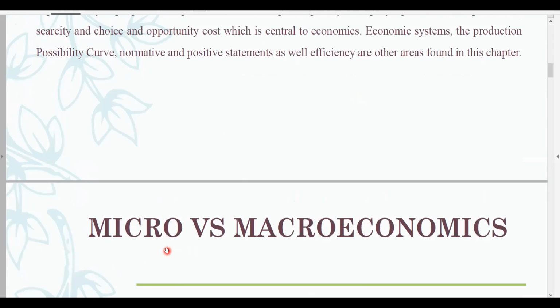From what I can understand about it, I think micro deals with the internal issues of the business, and macro deals with the external. Right. So the difference is in internal and external issues of a business. Did you say business? Yes. All right.